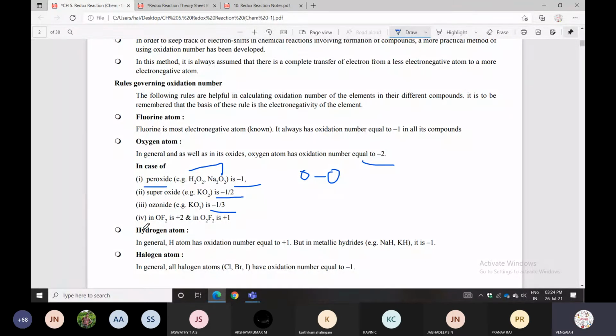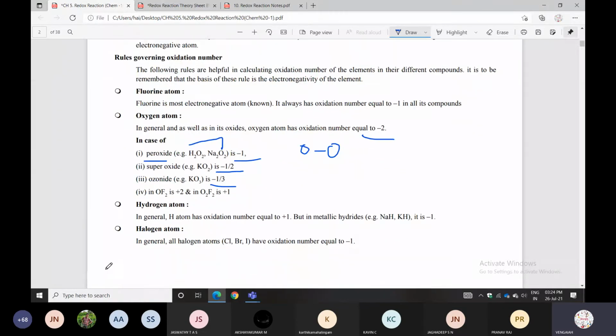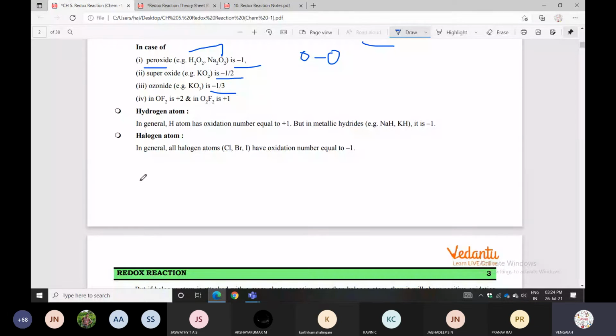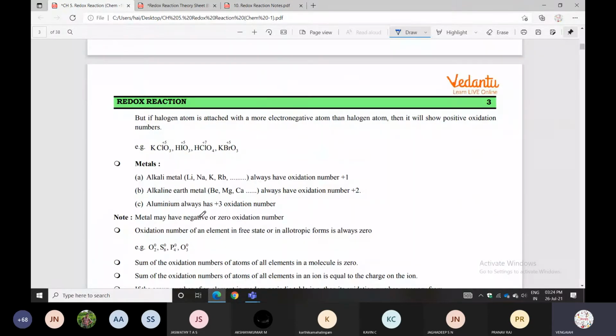Next, the hydrogen atom. Generally, hydrogen has oxidation number +1. But in metal hydrides, it has -1 charge. In combination with non-metals, hydrogen is +1. Halogens like chlorine, bromine, iodine generally have oxidation number -1.